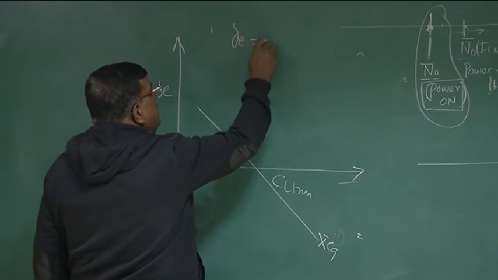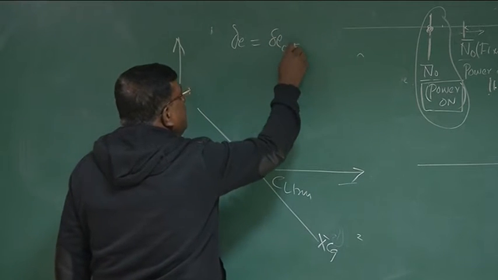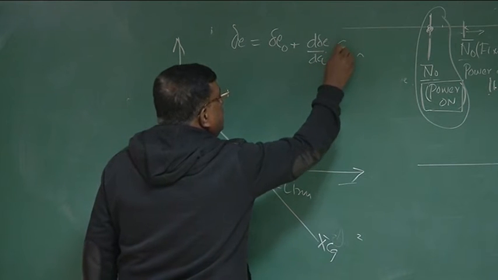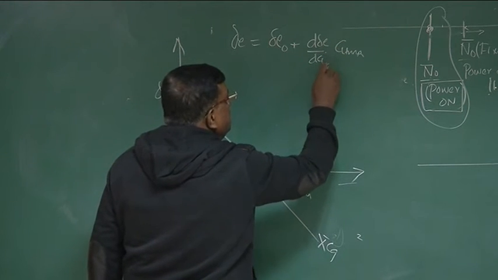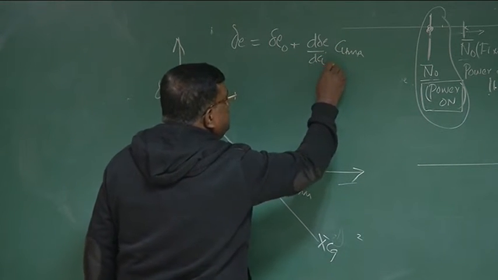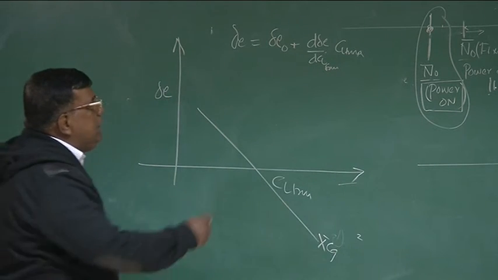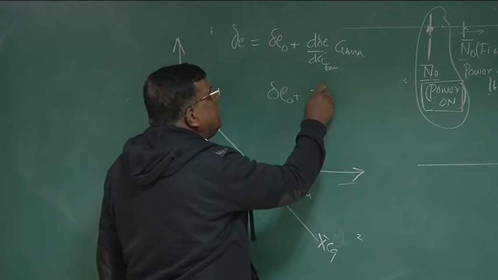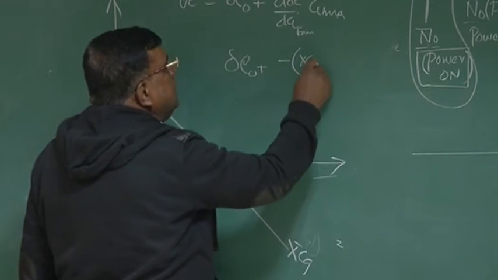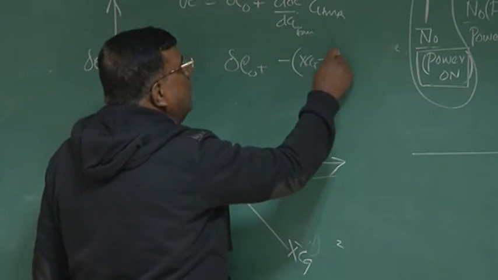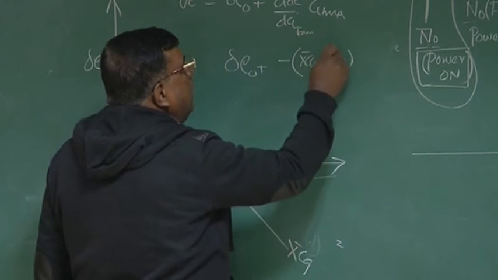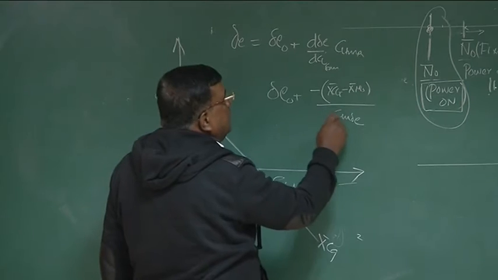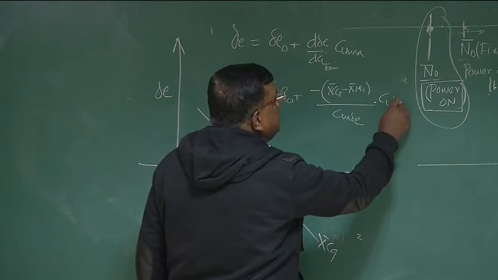You know that delta E trim, or delta E required, is delta E naught plus d delta E by dCL into CL trim. This is also CL trim. And what is this? This is delta E naught plus minus (XCG minus XN naught bar) divided by CM delta E, into CL trim.